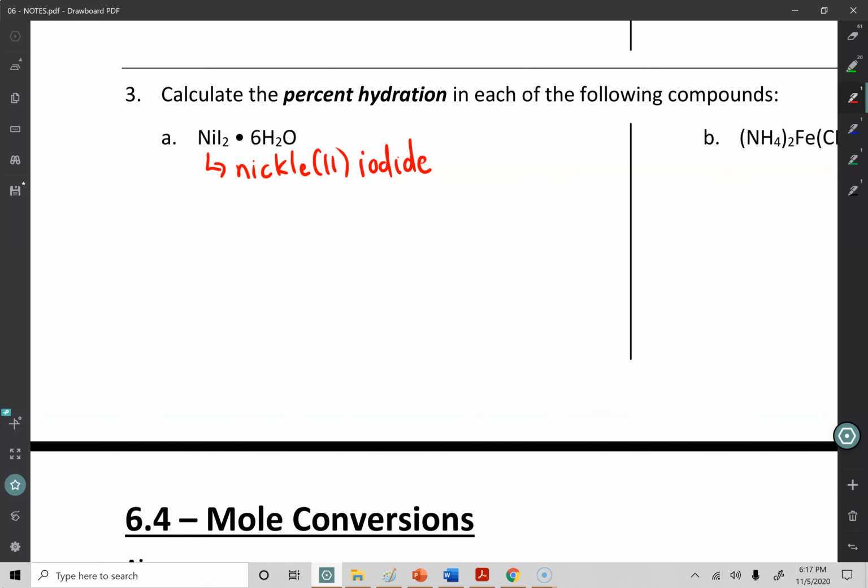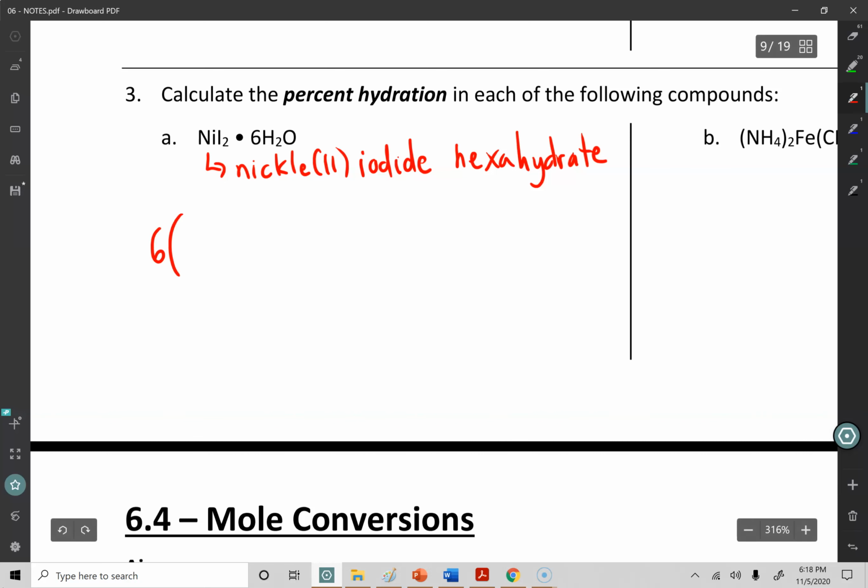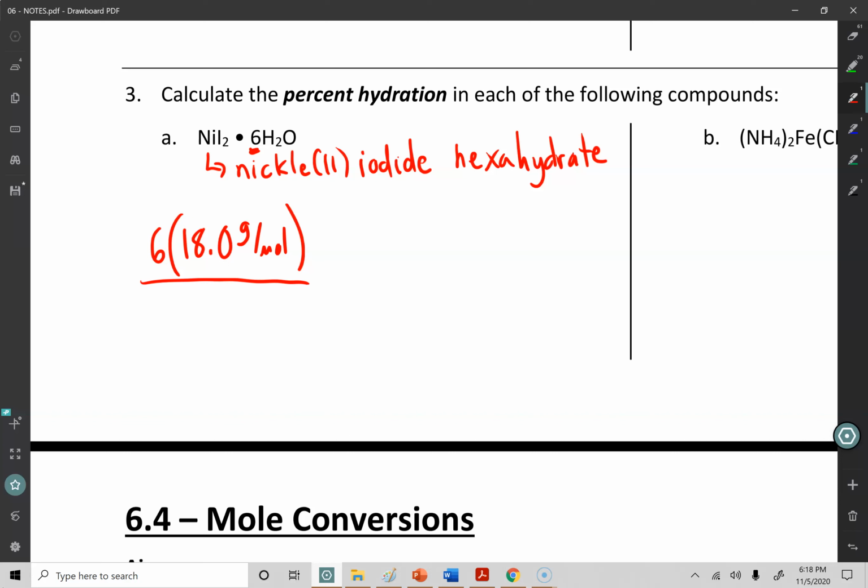You have 6, so that is a hexahydrate. That's it. Okay, so if we're trying to find the percent hydration, we know that we're going to have the mass of water. In this case, we've got 6 water molecules per NiI2 unit. I need to find the molar mass of nickel 2 iodide hexahydrate.